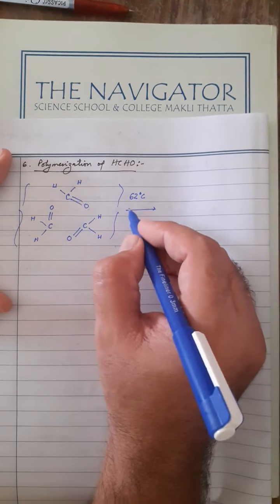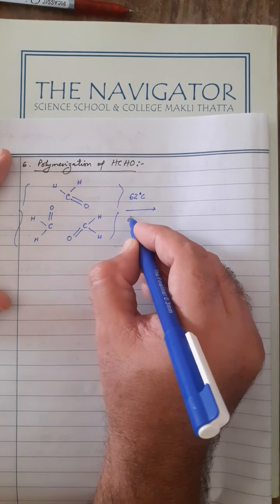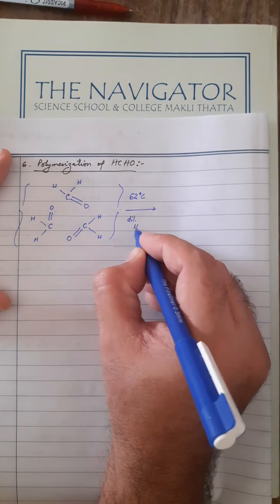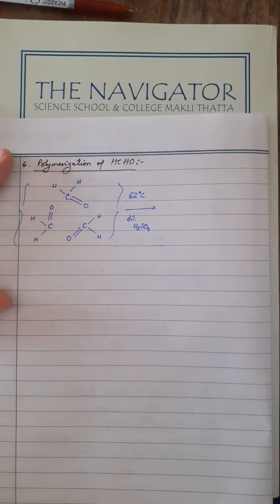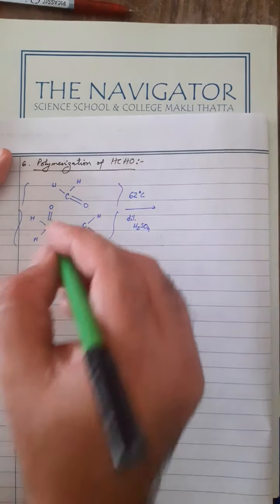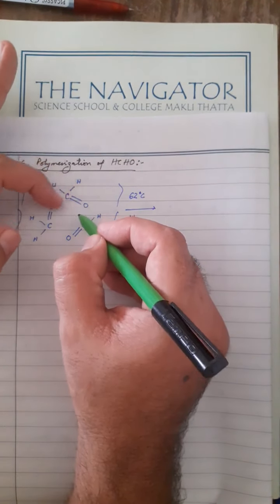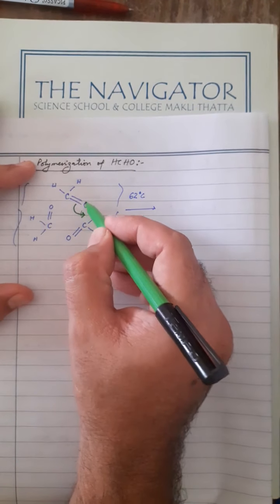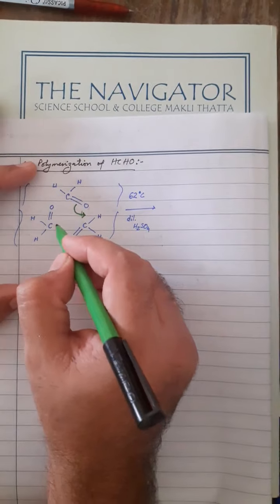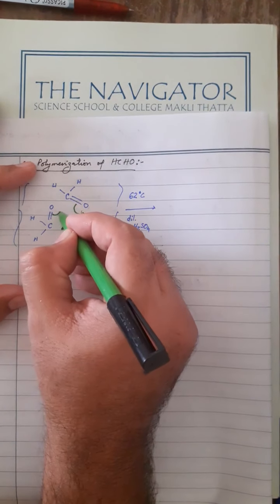So if you warm it with dilute sulfuric acid, now this is where you all have to pay attention. The pi bonds break. And there are 2 orbitals empty here and here. So this shifts here between oxygen and carbon. This shifts here, and this shifts here.